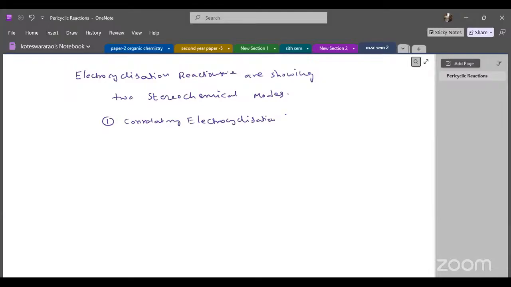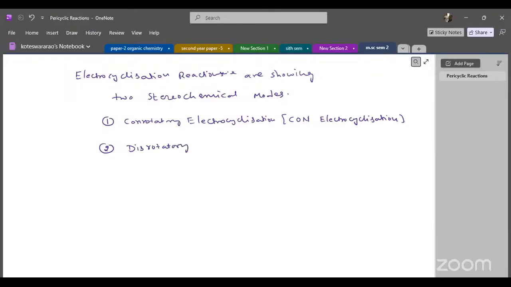This can also be represented as CON, capital, electrocyclization.